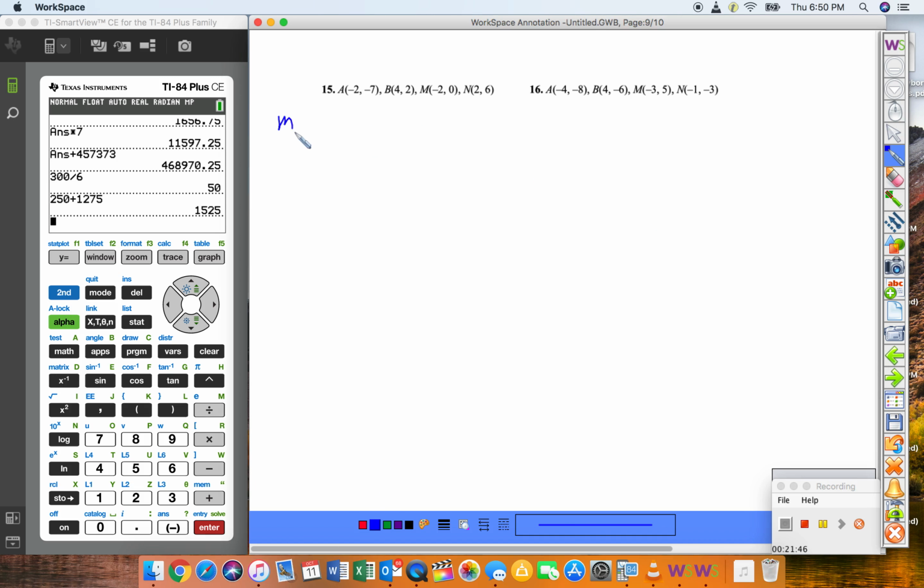So let's try 15 right here. Let's find the slope of line AB. That's going to be 2 plus 7 over 4 plus 2, and 9 over 6, which needs to reduce to 3/2. Find the slope of line MN.